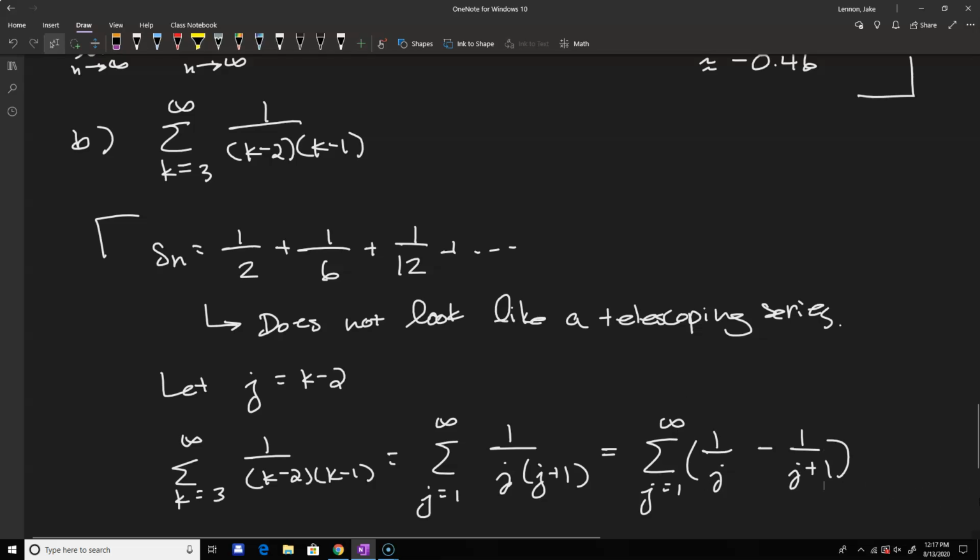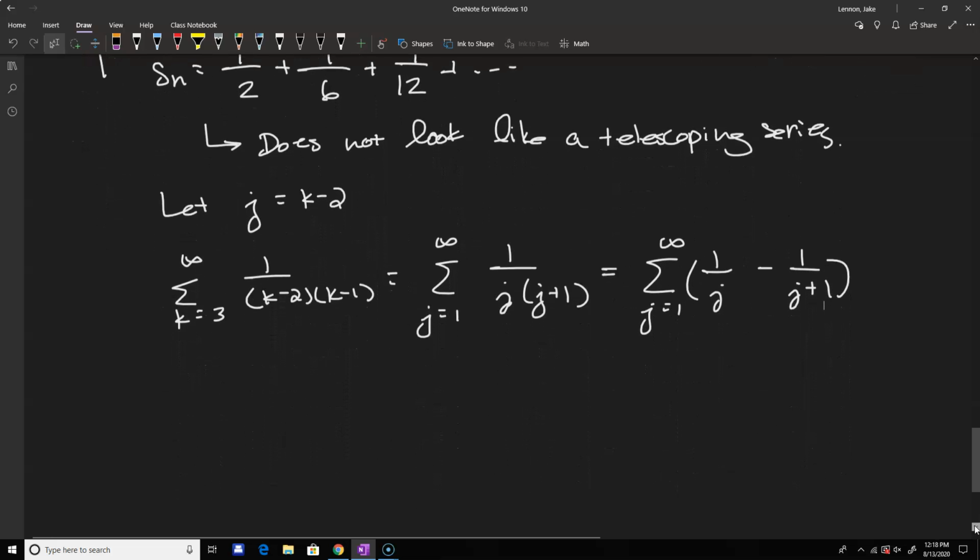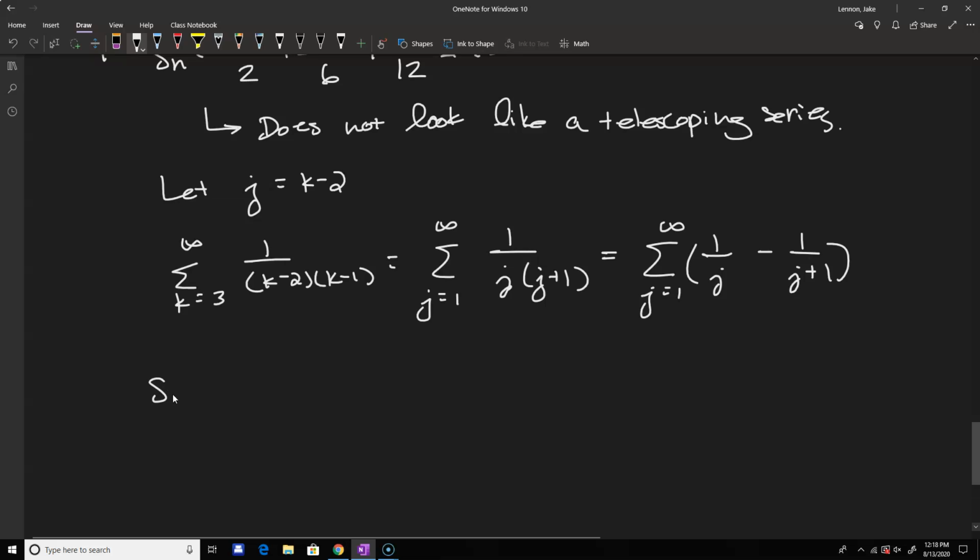So the partial sums that we were looking at before, we can rewrite in this telescoping way. So now we can look at Sn, and it's going to be 1 minus 1/2 plus 1/2 minus 1/3 plus 1/3 minus 1/4, and so on.